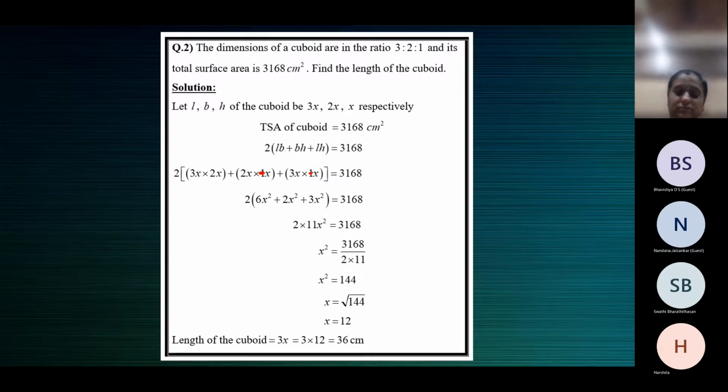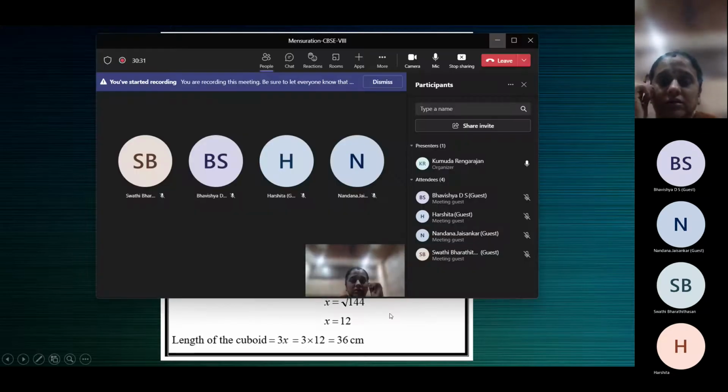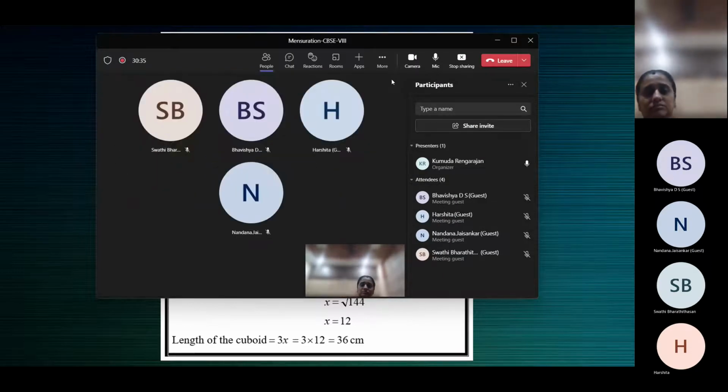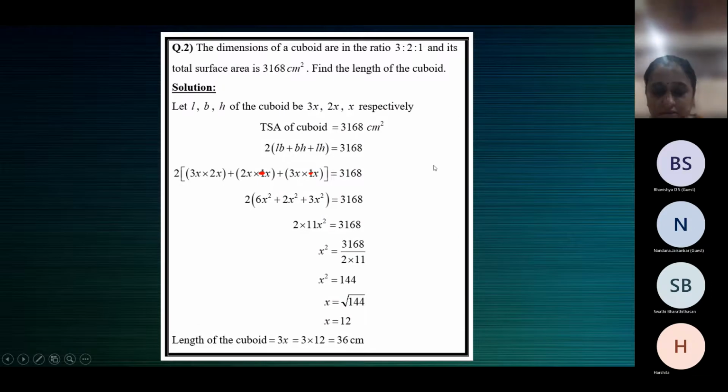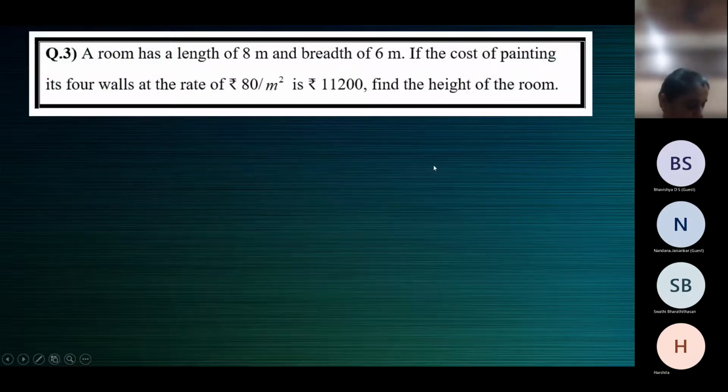Okay. Class, use the emoji. Raise your hand. Bhavishya, Swati, Nandana. Okay, Harshita is there. Very good. All right, children. Next one.